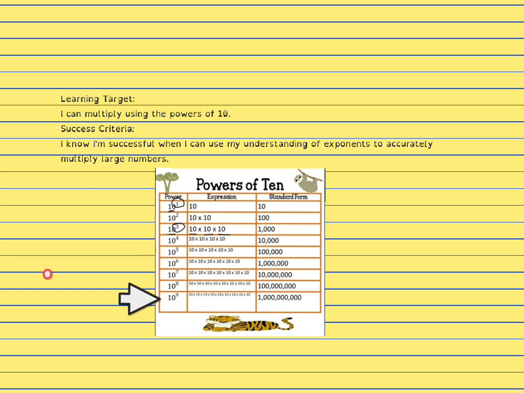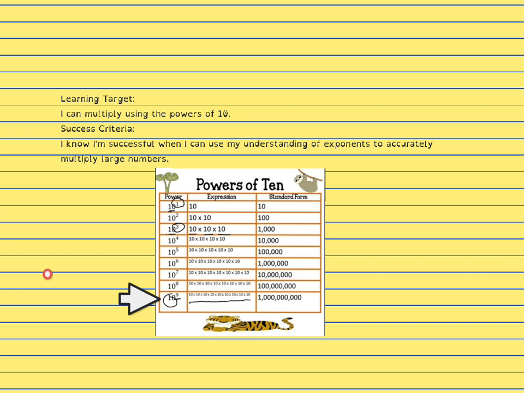So here we have 10 to the power of 9. So as we can see one more time, we have our base number, and we are going to look at that exponent, and that's how many times we are going to be multiplying it. So we are multiplying the 10 9 times.